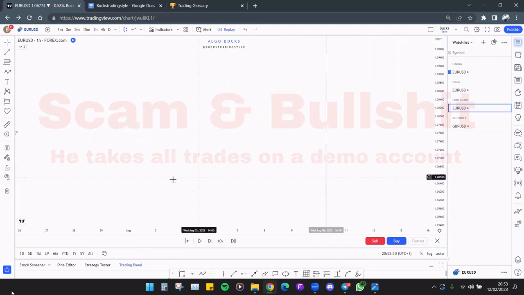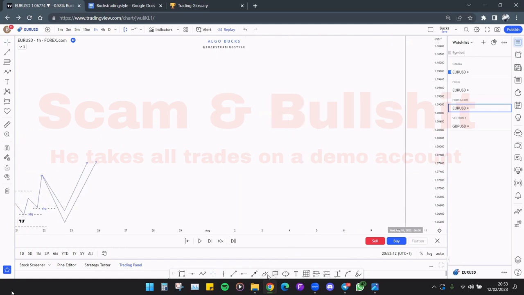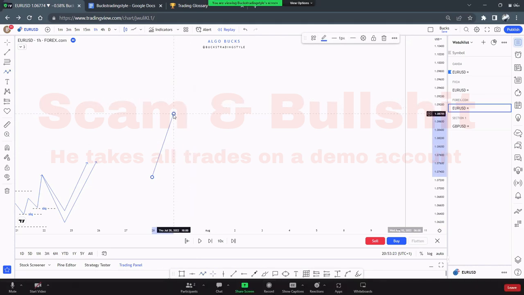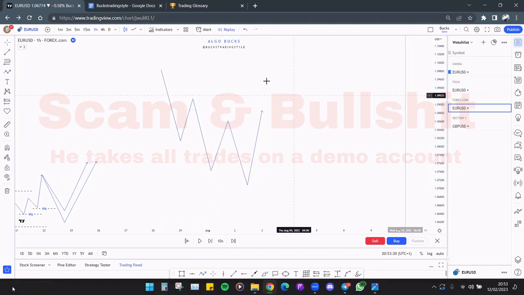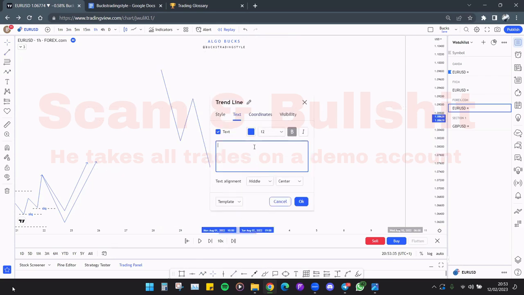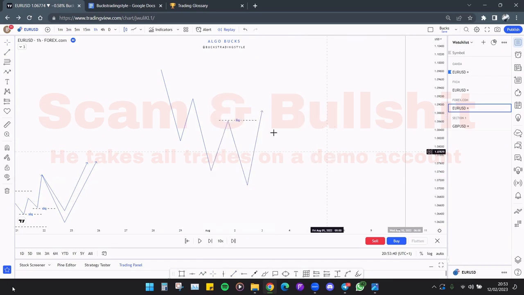So the double inducement is when price takes out the ILQ, then before breaking through the structural high, it comes back down to mitigate the other inducement. Let's use the downtrend as a scenario. At this point right here, this is the inducement, the ILQ. After the ILQ, we want to see price go directly to the true break of structure.